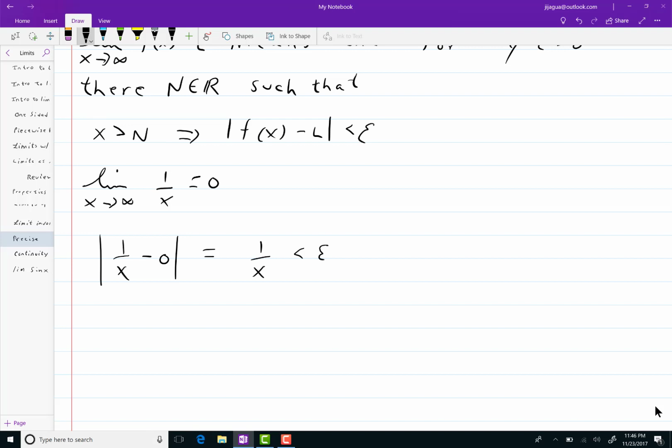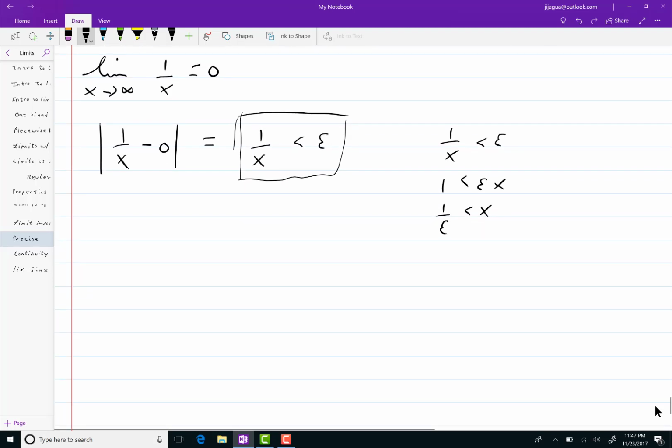And now, how would you think you'd get it to be less than epsilon? In fact, what would you use? Well, if you look at just trying to solve this thing, I get an idea. If I want 1 over x to be less than epsilon, I can multiply both sides by x, and since epsilon is positive, I can divide by epsilon. All this work doesn't change the inequality sign because everything I've worked with has been positive.